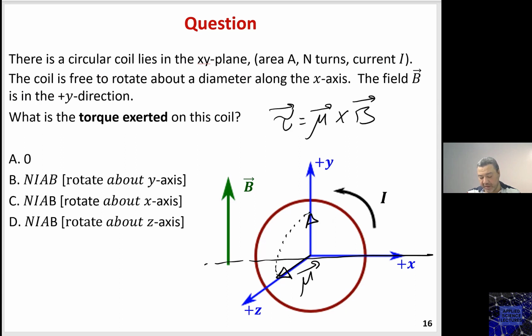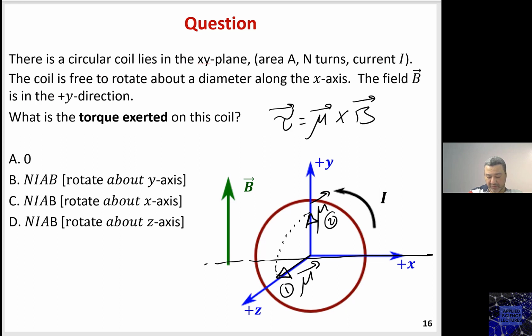We said that the coil will usually rotate such that the magnetic dipole moment will be aligned with the magnetic field. So this is position one, this is position two, this is where the magnetic dipole moment is going to be. So it will rotate about the x-axis such that the magnetic dipole moment will be pointing in the y direction.